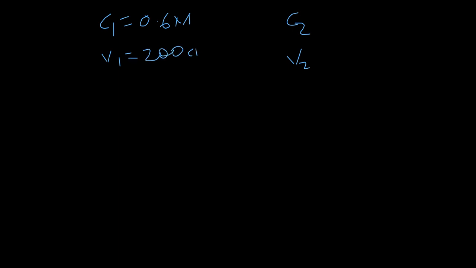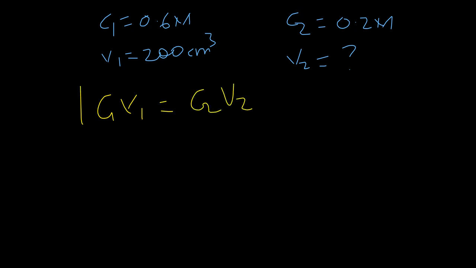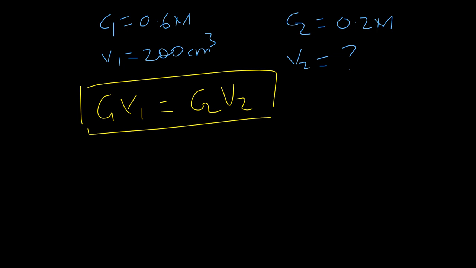C2 is 0.2 molar. V2 we don't know. But we also know that the dilution formula is C1V1 equals C2V2. So put down that one. What are we looking for? We are looking for V2.